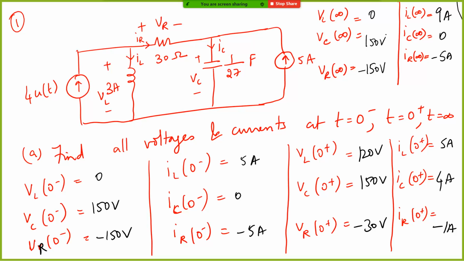So now let's figure out what type of circuit this is. Is this a parallel RLC or a series RLC? This is a series RLC. Is this an underdamped, overdamped, or critically damped system?